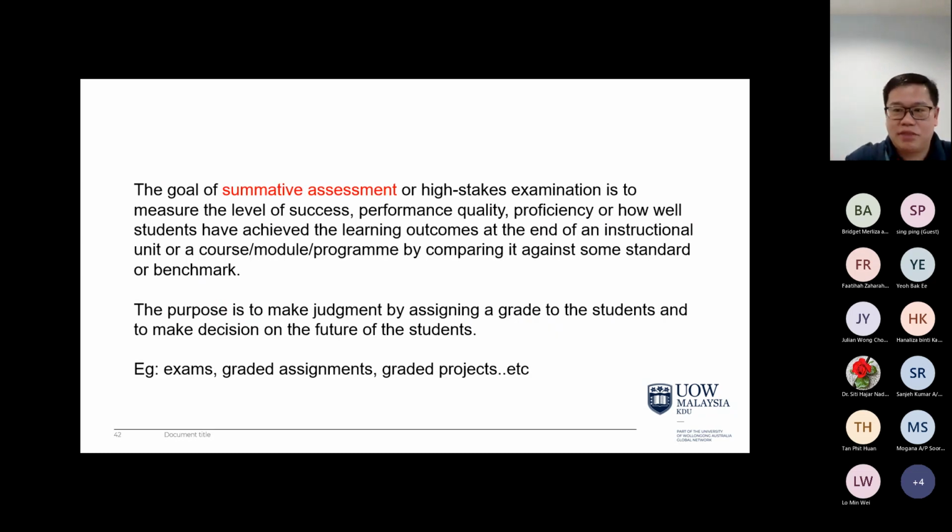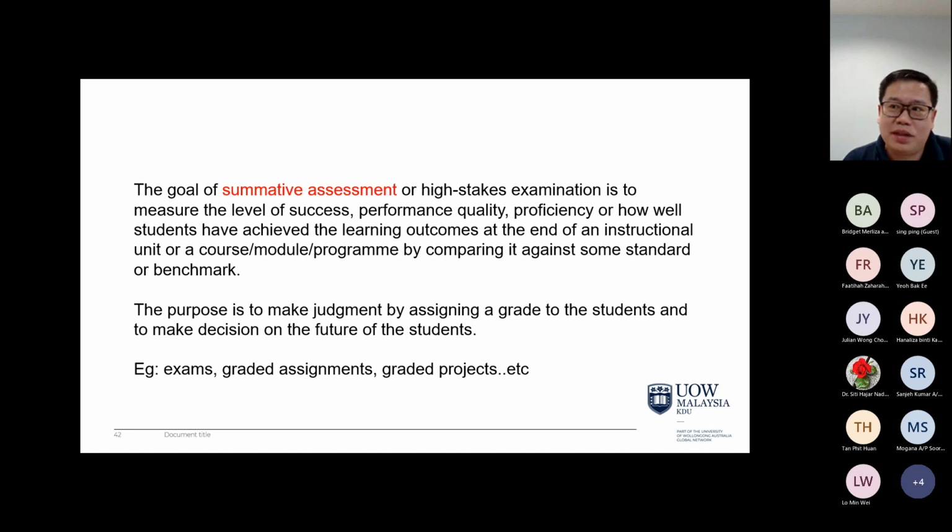Summative is high stakes. Summative is high stakes. So this can be examinations to measure student success. This is very straightforward because most of you would use summative assessment also. Definitely. All of your courses have exams, graded assignments, graded projects, FYP, the FYP report, the dissertation, the Viva defense, okay?